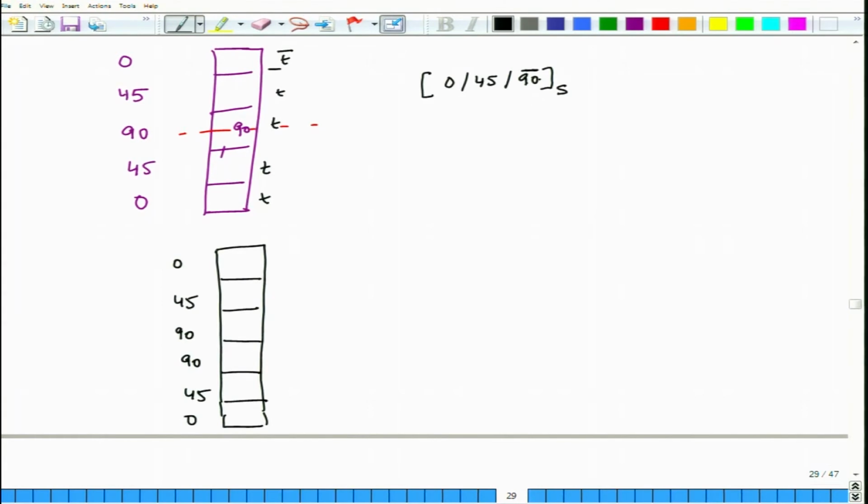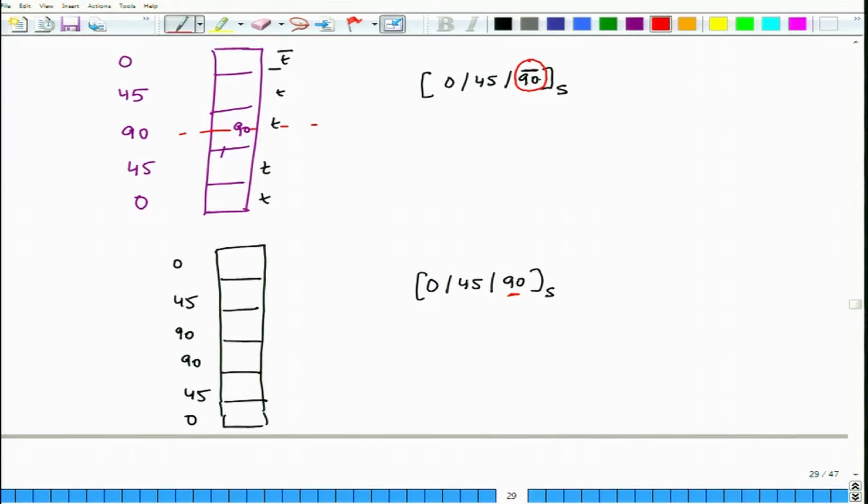Here the lamination sequence will be 0, 45, 90, symmetric. The bar means that the 90-degree layer is not repeated. There is only one 90-degree layer and the mid plane is passing through the middle of it, but here, because there is no bar, this 90-degree layer is also repeated. So, this is important to understand.